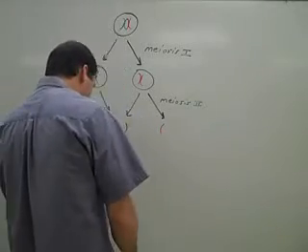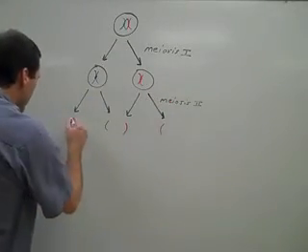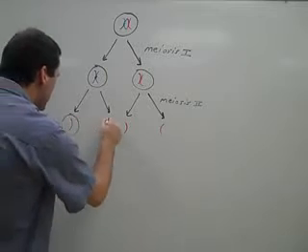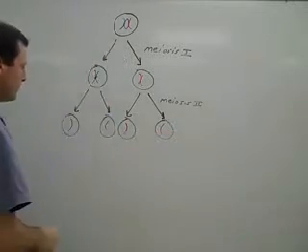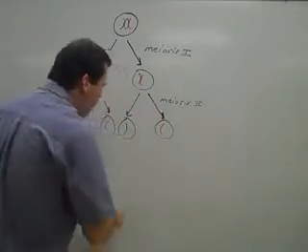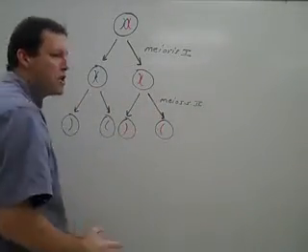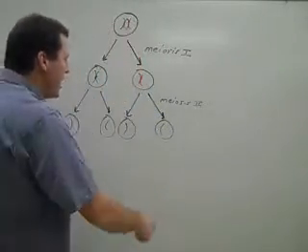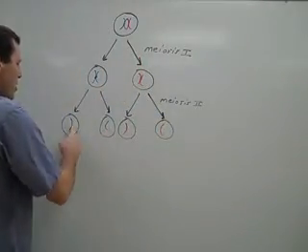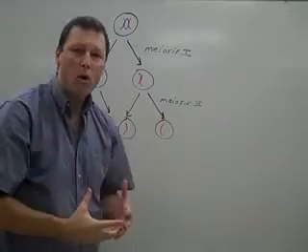Draw our cell around there. What we end up with is 4 cells that are genetically different from each other, and each one of these cells should contain 23 chromosomes.